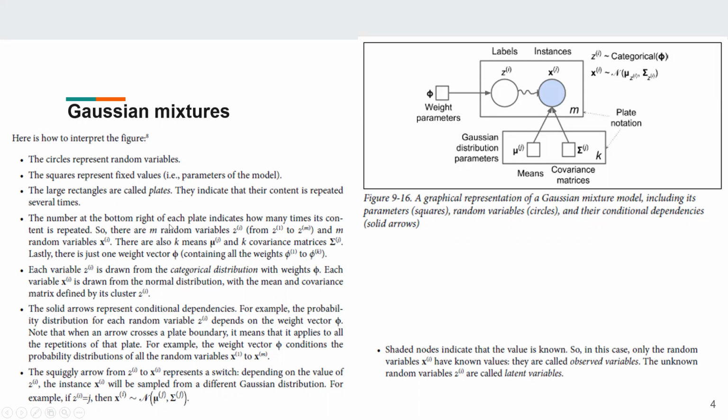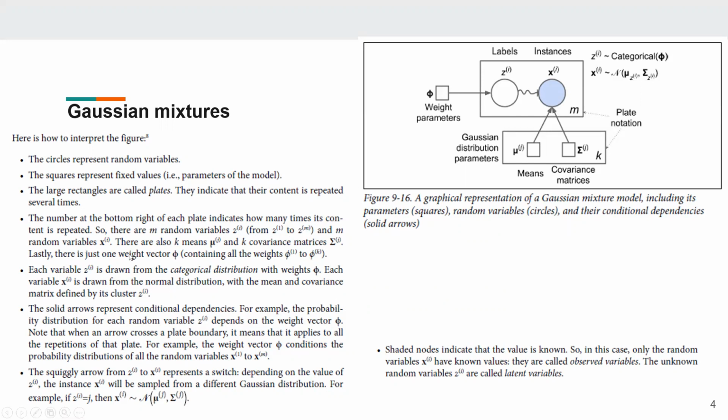The number at the bottom right of each plate indicates how many times its content is repeated. So in this case, we have m random variables zi from z1 all the way to zm, and m random variables xi. There are also k clusters, which are associated with k mu's and k sigmas.